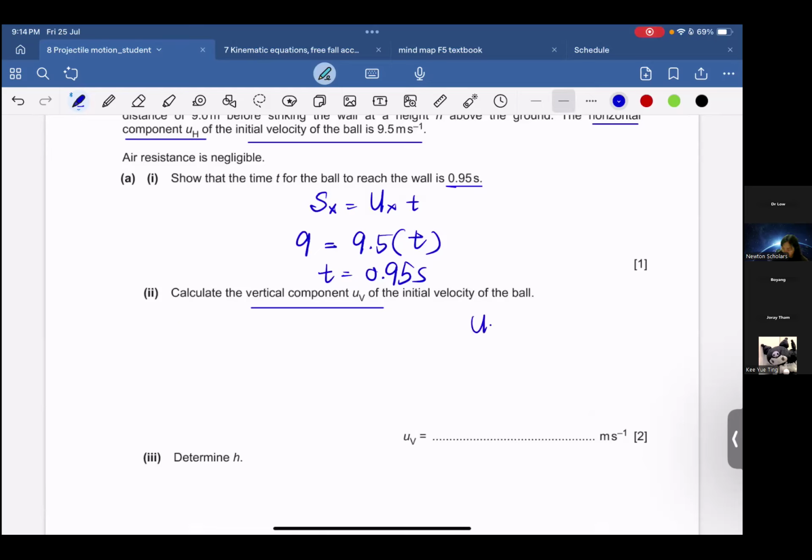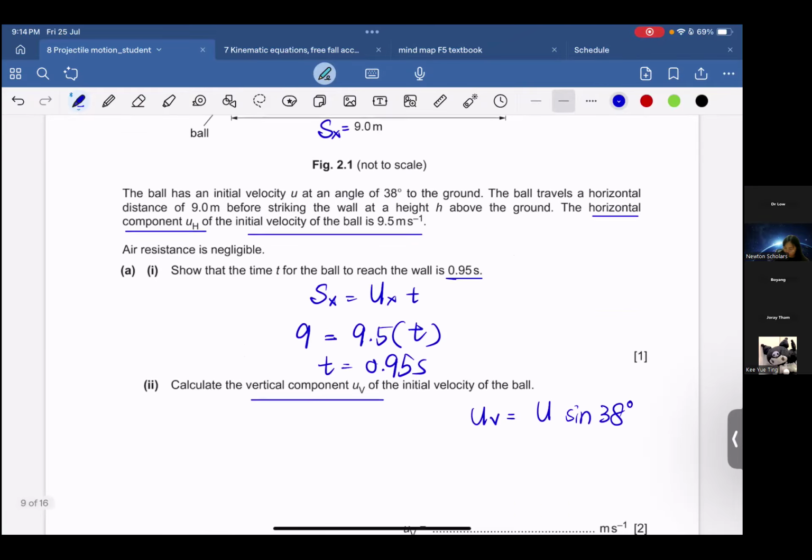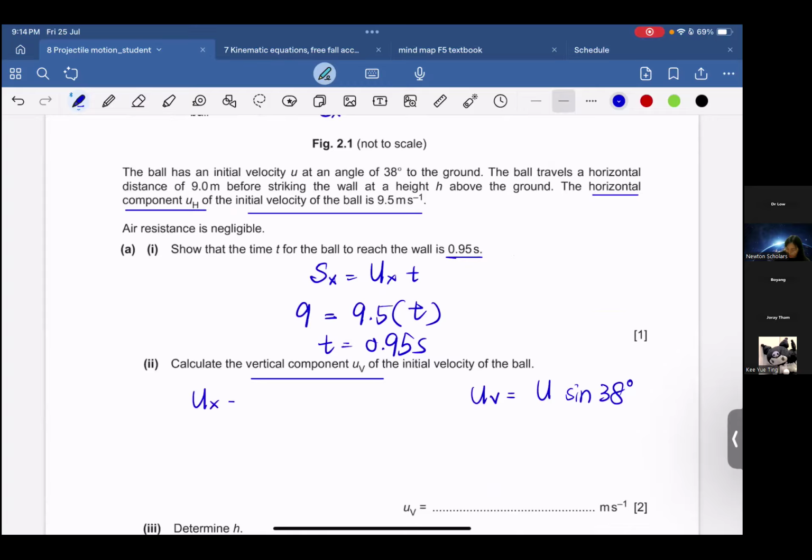uv, vertical, is u sine 38. But we don't know the u, so we have to find the u. Just now ux we know. ux is actually u cos 38. So ux is 9.5, the u we don't know. Find out the u.